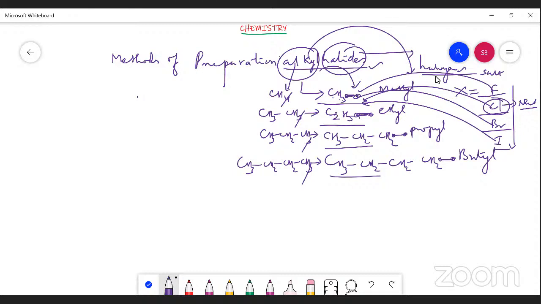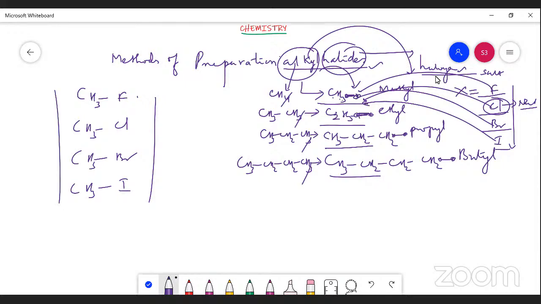Here is the structure: CH3F methyl fluoride, CH3Cl methyl chloride, CH3Br methyl bromide, CH3I methyl iodide. The concept is that this is alkyl and this is halide, so they are called alkyl halides.